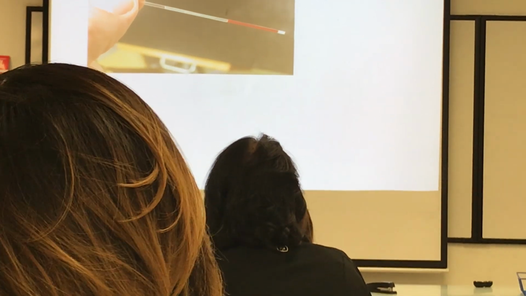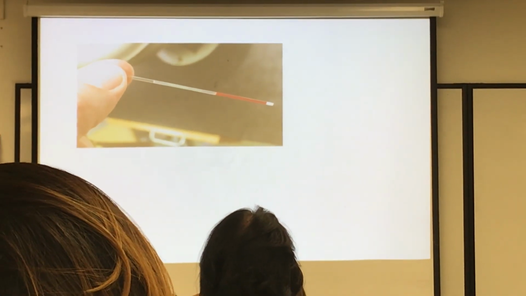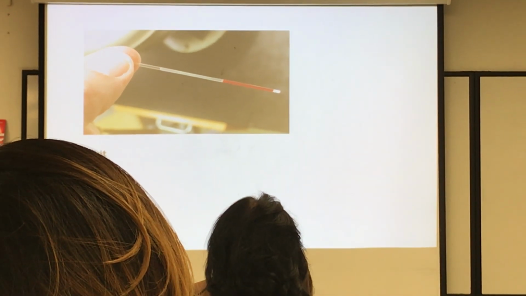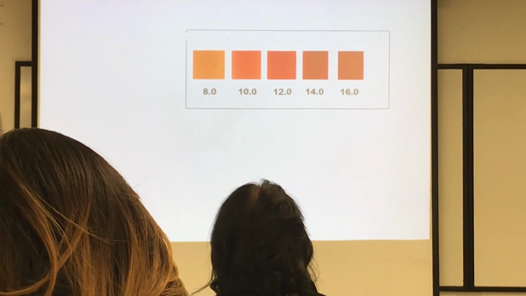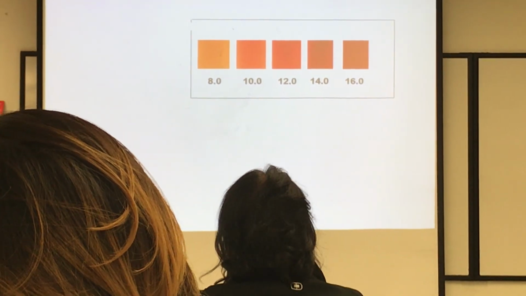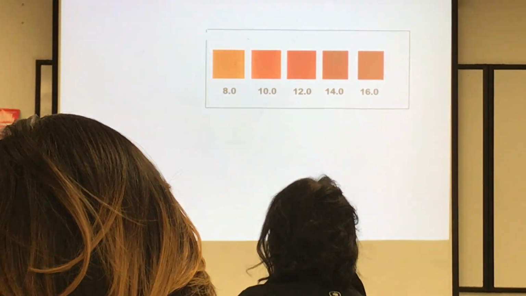Hematocrit. Okay, so this is the percent of the cell volume over the total volume. We started talking about that one. And then this, remember, look at the values, is in grams per deciliter. Hemoglobin, exactly.